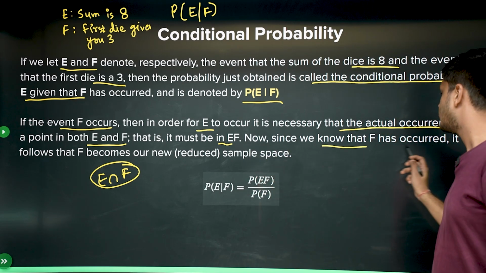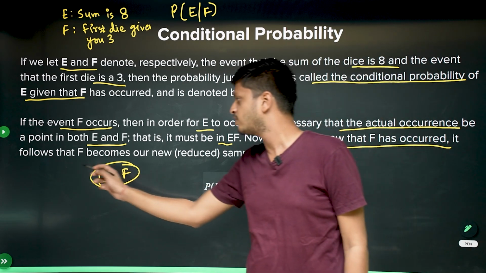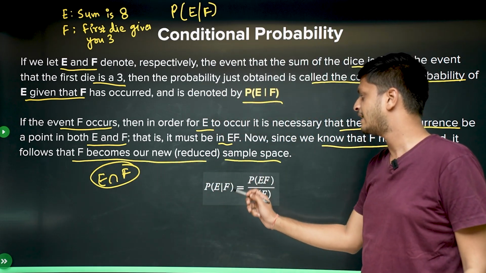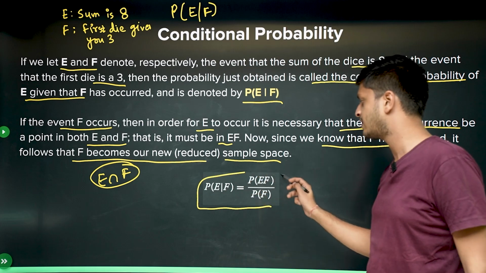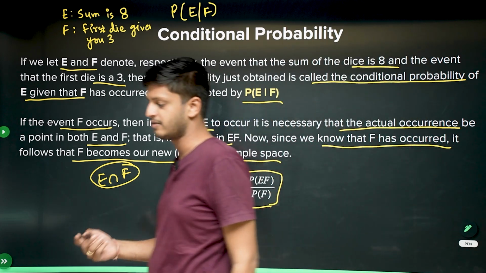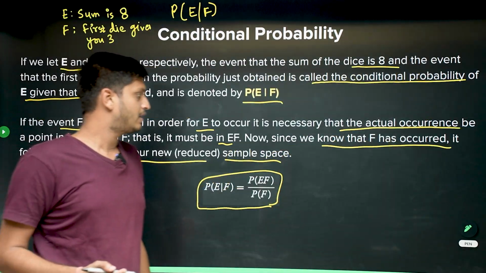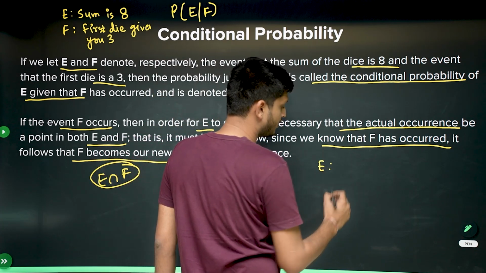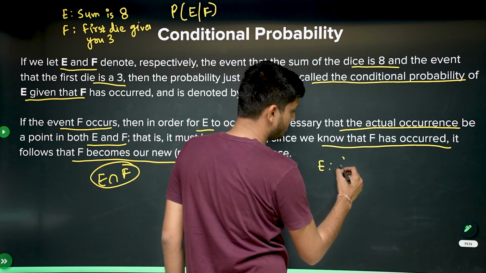Now, since we know that F has occurred, it follows that F becomes our new reduced sample space, and that's why this is the new probability. So that's how we calculated it. See, the event E was what? Sum is 8.